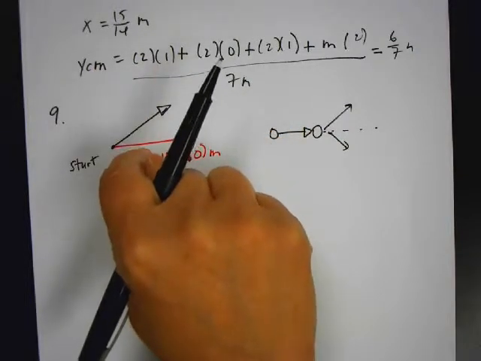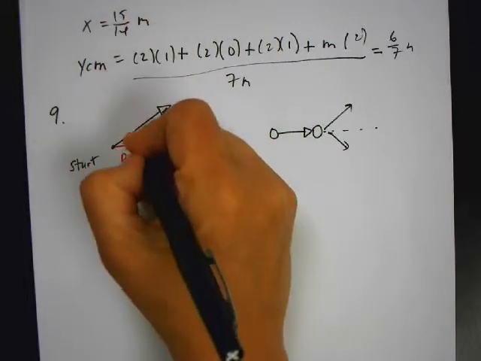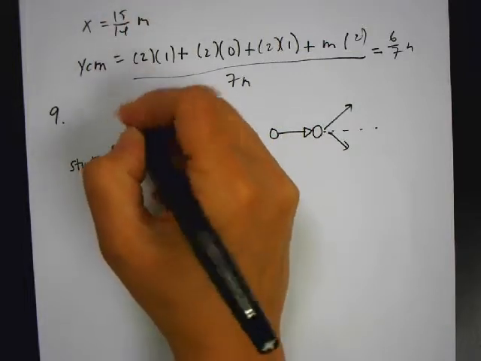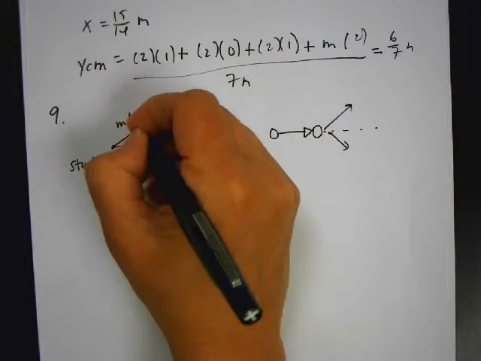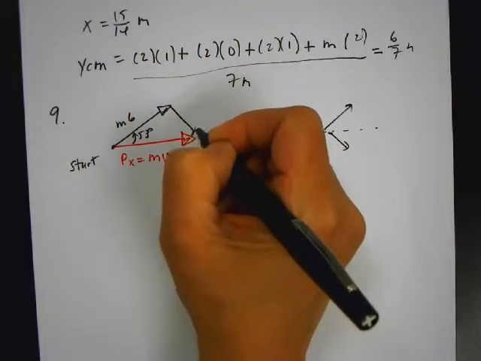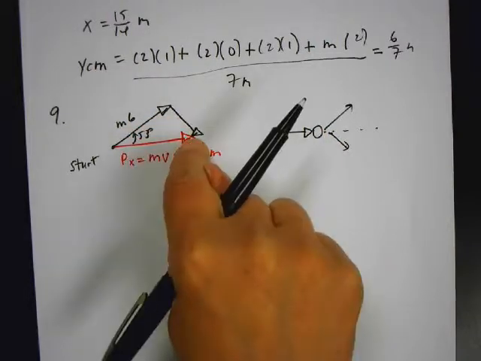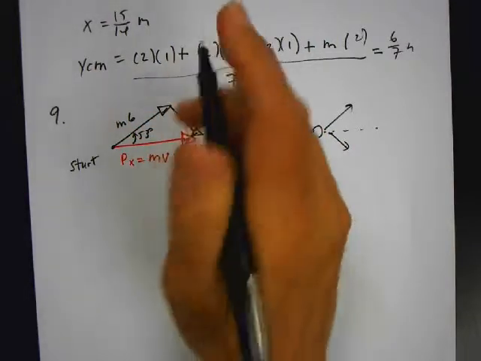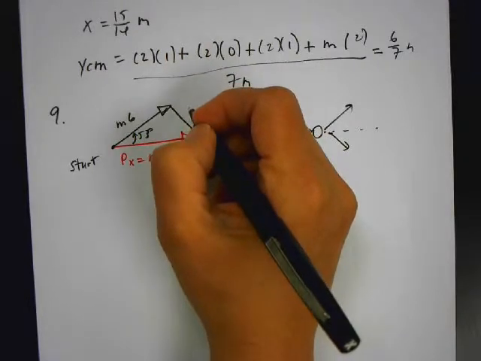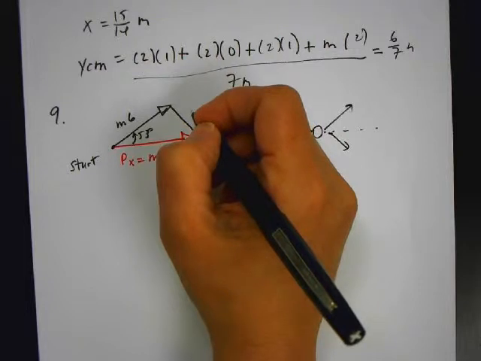This is ball X going off this way at 53 degrees, and it's going to be m times 6, or 6m. From the head of this vector, I draw the tail of the other, because these two added up head to tail have to equal this. This one is the one that I need to find.